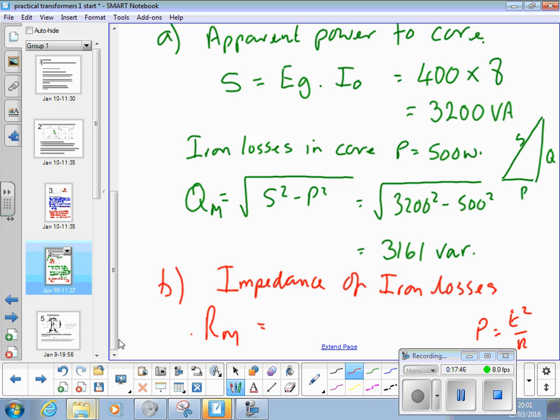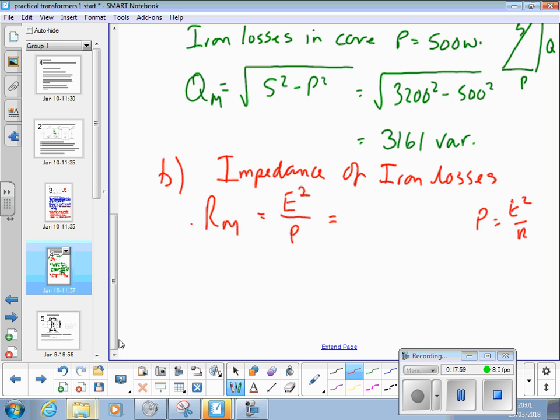RM is equal to E squared over P. That's 400 is our voltage, is it? Oh, hang on.